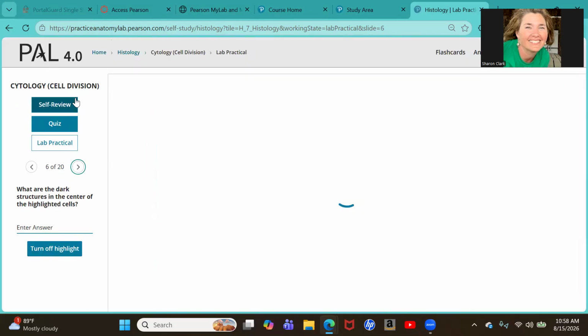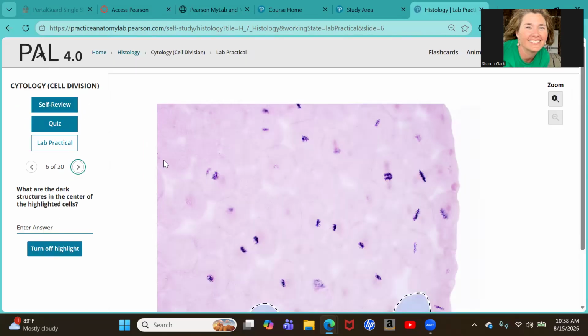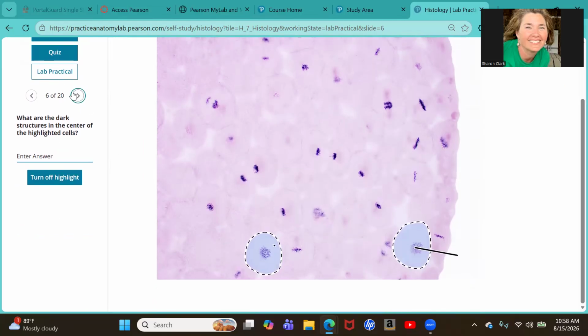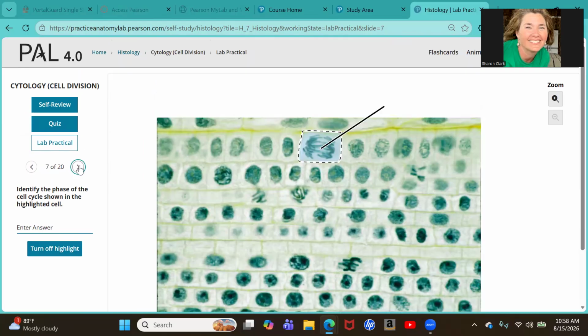So that's how you would complete the lab practical. Spend some time, go through each one. If you get them wrong, that's okay. It'll give you your answers at the end, and you can practice and practice and practice until you get it correct. Anaphase here.